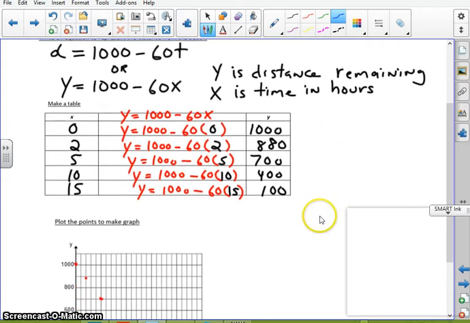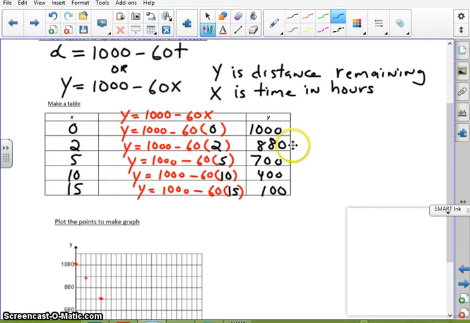All right. So I have my table of values here, 0, 2, 5, 10, and 15 for my hours. If I plug those into my equation, the Y stands for how many miles I have remaining. So at 0 hours, clearly I have 1,000 miles remaining.